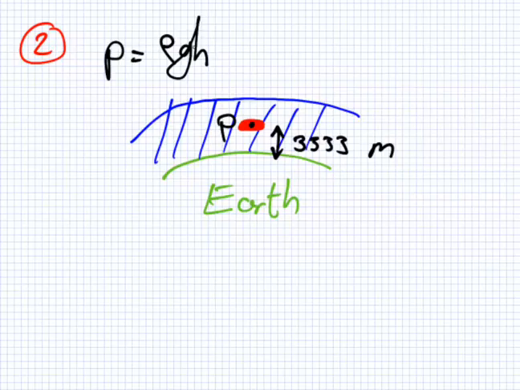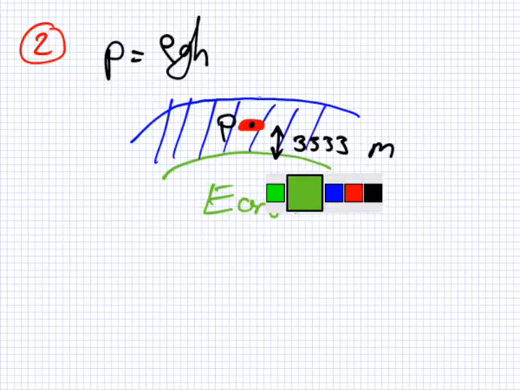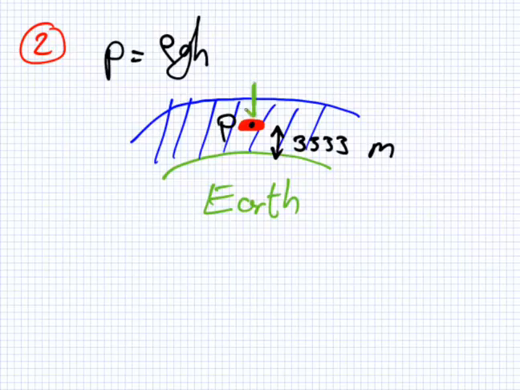Okay. So here's our Earth, and then here's our air, and then here's our plane. And this distance here is about 3,333 meters, about 10,000 feet.